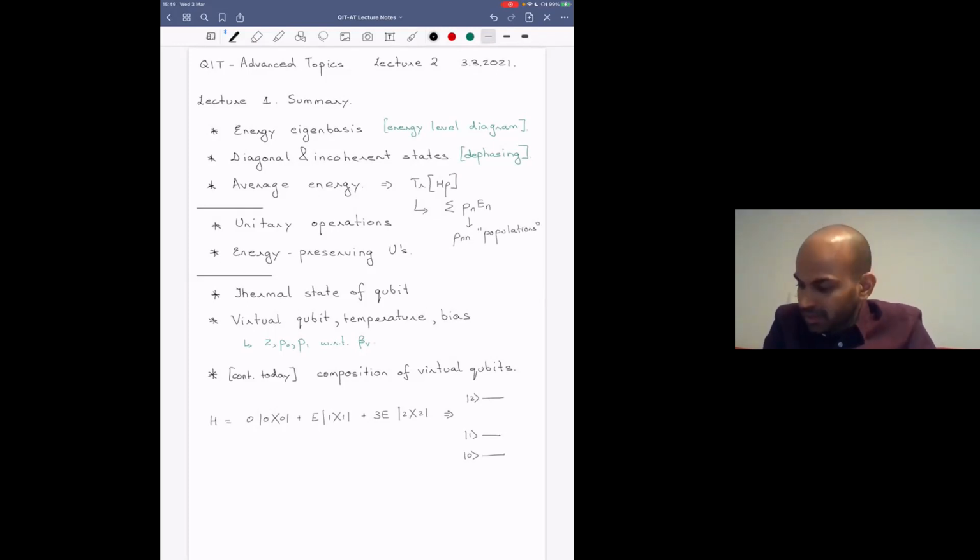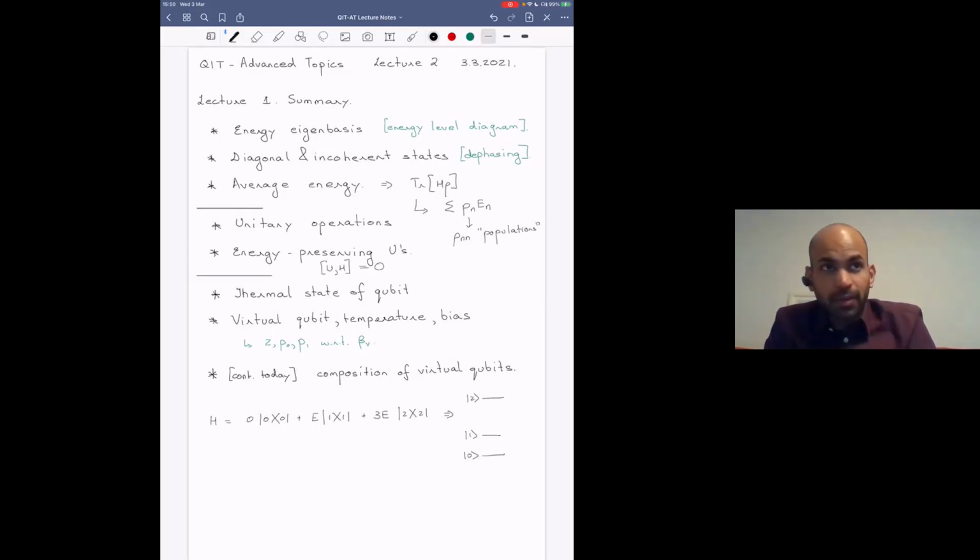Okay, so from there we went on to discuss the simplest operation, which is the unitary operation, the properties of the unitary operation, essentially, most importantly, that it preserves the entropy of a system, and that it can be written as the exponential of a Hamiltonian. And then we looked at the special class of unitary operations, which we called energy preserving operations. These are those that commute with the Hamiltonian of our system.